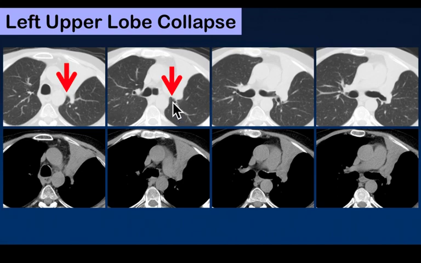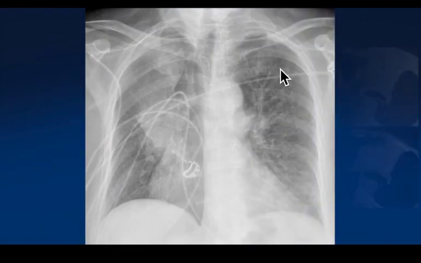So this is the superior segment of the left lower lobe inserting itself between the collapsed left upper lobe and the descending thoracic aorta. And it is this insertion of air which results in the characteristic Luftsichel sign on chest radiographs.